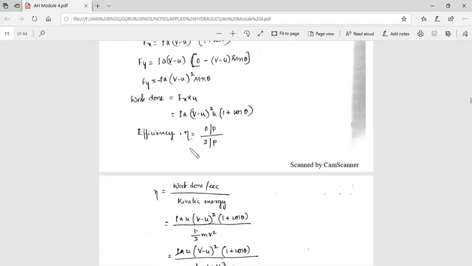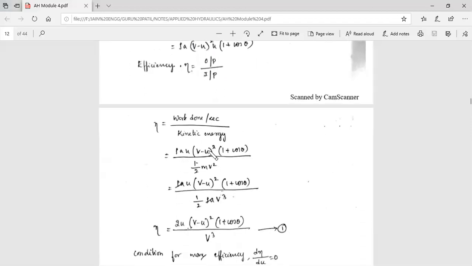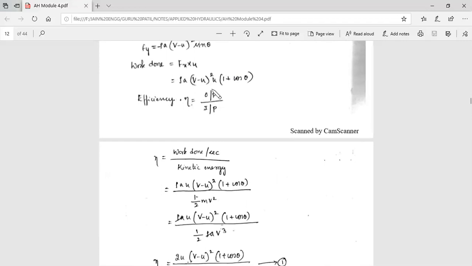So efficiency, output minus input here. Work done per second is nothing but the kinetic energy. Work done we have already calculated here, and the kinetic energy is half m v square. This is from our very basic level, half m v square, that is the kinetic energy.